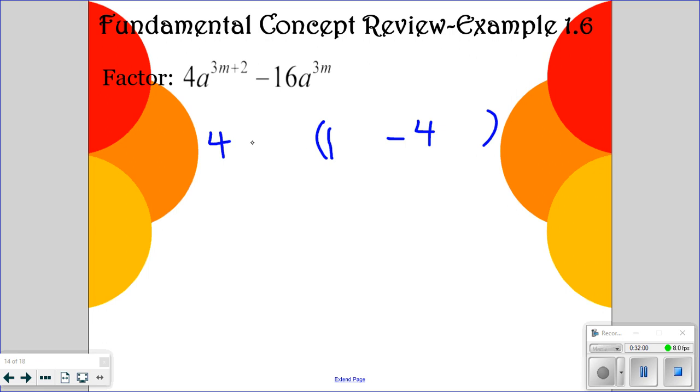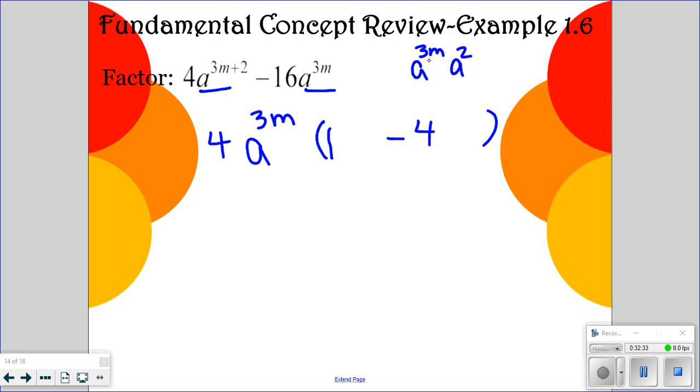So that takes care of the numbers. Now we've got to go to the a's. If you look, a to the 3m plus 2 and a to the 3m. The thing that they have in common is the a to the 3m. We can pull out all of them from each of those two. So we're going to put a to the 3m. Now over here, there was a plus 2 left. A to the 3m plus 2 is basically a to the 3m times a to the 2, because you're just adding the exponents when you multiply.